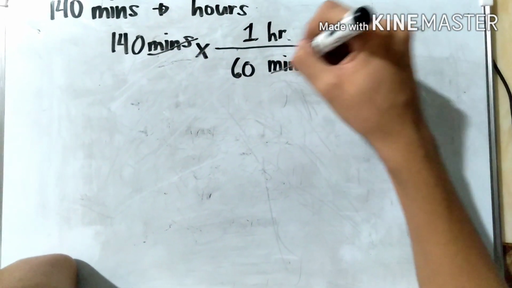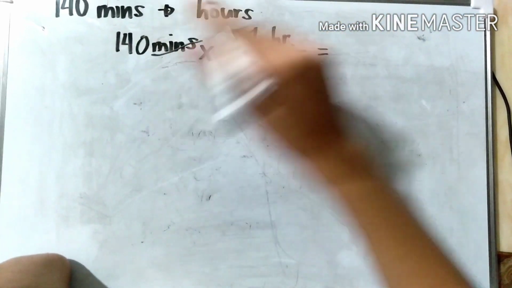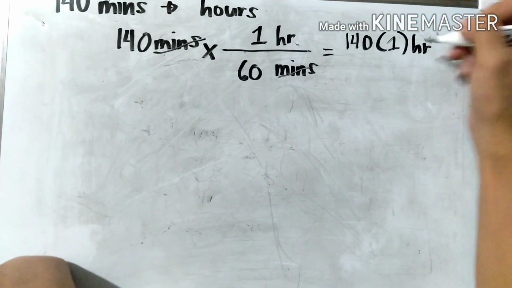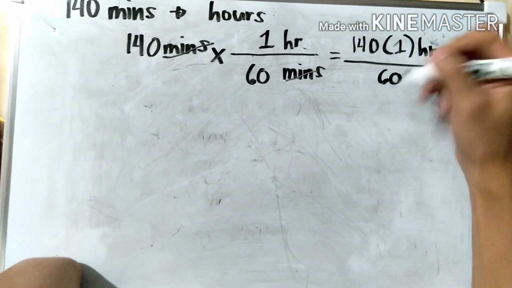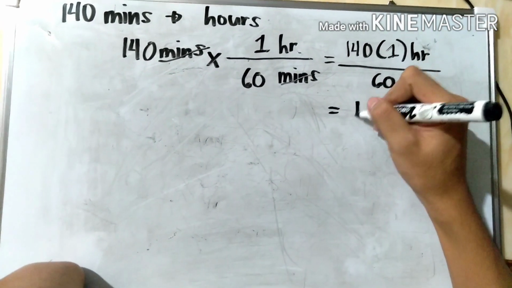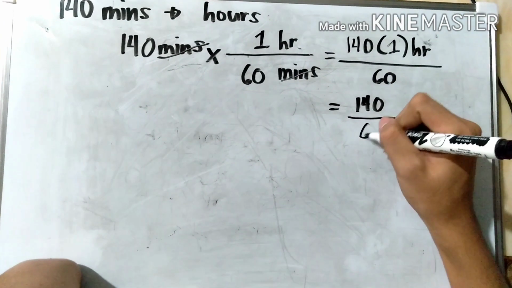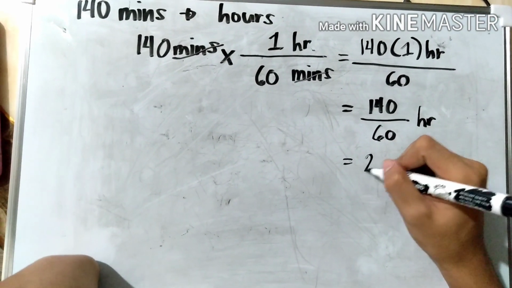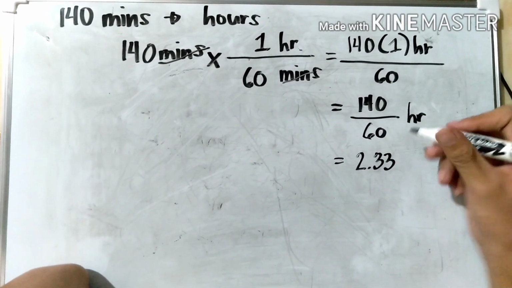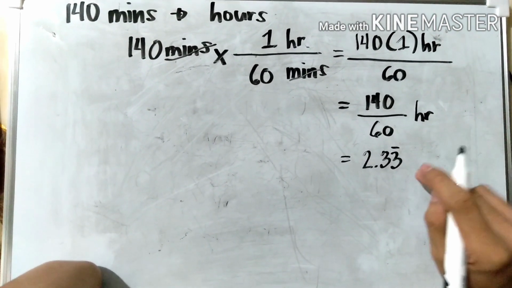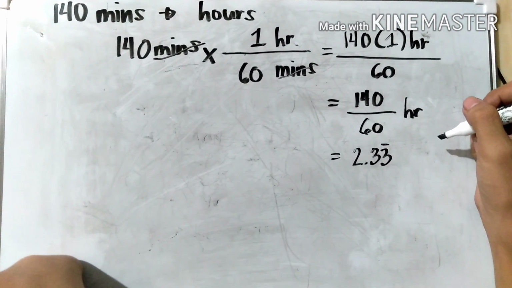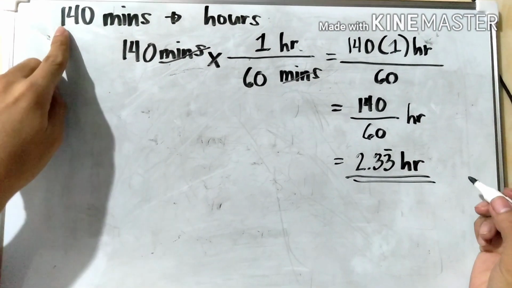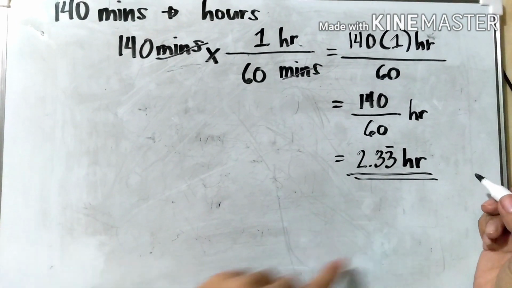So you cancel minutes, then multiply 140, yung parehas nasa taas, multiplied by 1 hour, then over 60, kasi wala na yung minutes, na-cancel na. 140 times 1 is 140, divided by 60. Then the unit na matitira is hours. 140 divided by 60 is equal to 2.33. Okay? Kasi ito ay repeating and non-terminating. So, ibig sabihin, 140 minutes is equal to 2.33 hours.